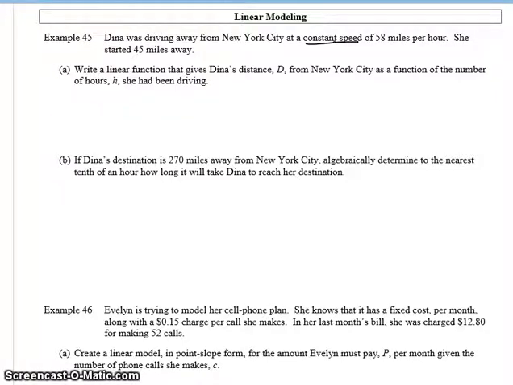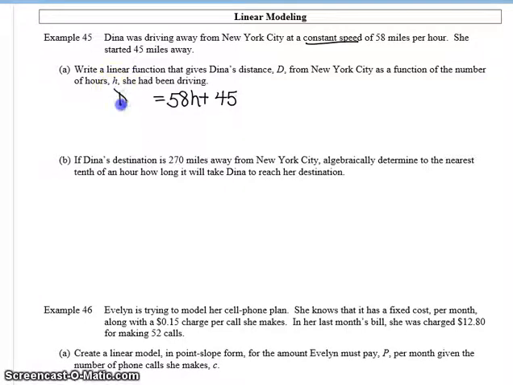Write a linear function that gives Dina's distance d from New York City as a function of the number of hours h she has driven. Now guys, don't forget, she's automatically 45 miles away from home. So you're definitely starting with a plus 45, but now it's 58 miles per hour. Okay, so it's 58h plus 45.